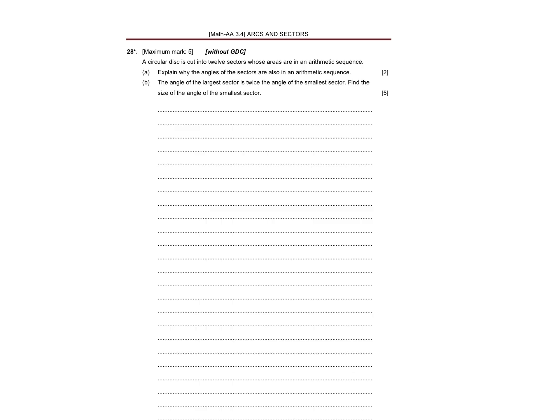Okay, so if we have the areas in arithmetic sequence, so we have 1/2 r squared theta 1. And then we'll have 1/2 r squared theta 2, and then 1/2 r squared theta 3, and then all the way up to 1/2 r squared theta 12.